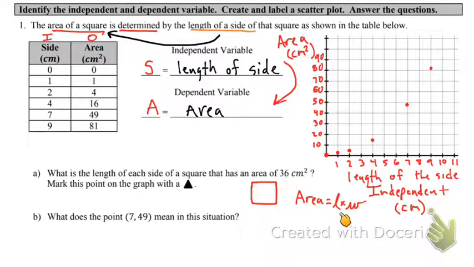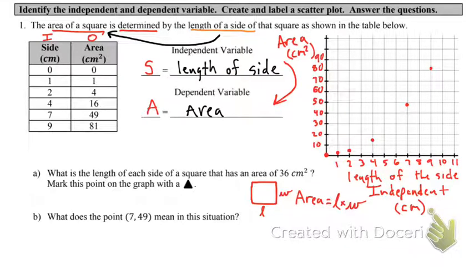Remember, all sides of a square are equal. So what number would I multiply here? It's going to be length times width, and because it's a square, these two numbers have to be the same. When I multiply these two numbers, they should give me 36. Hopefully that answer is pretty obvious.